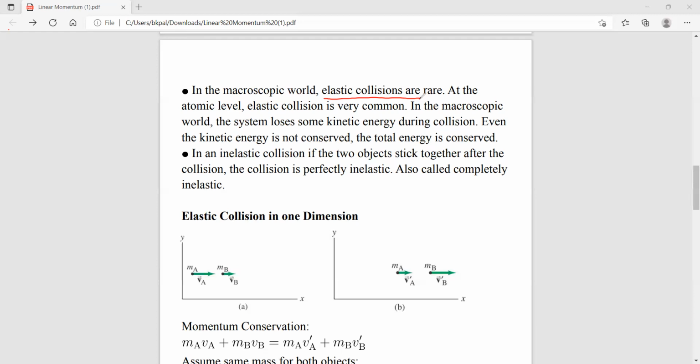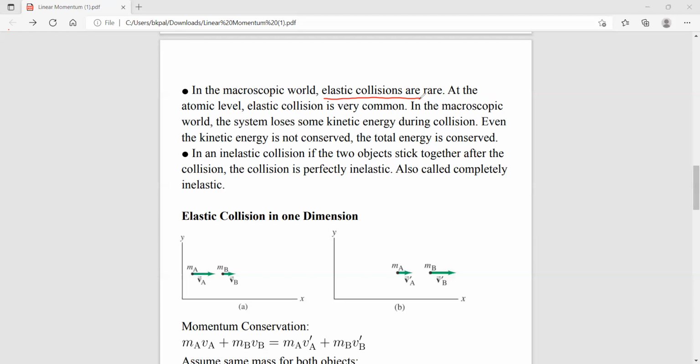So even the kinetic energy is not conserved in our everyday life collisions. The total energy is conserved. Energy is always conserved, as we already learned in the last chapter, chapter 6. But here we are talking about the kinetic energy, so don't confuse the conservation of kinetic energy with the conservation of energy.